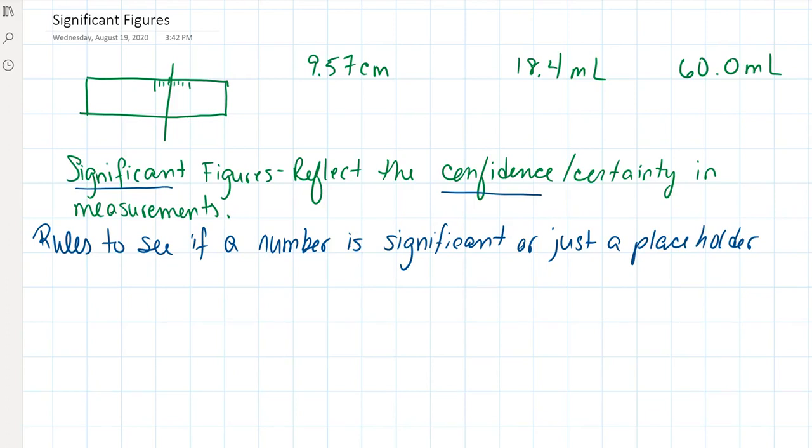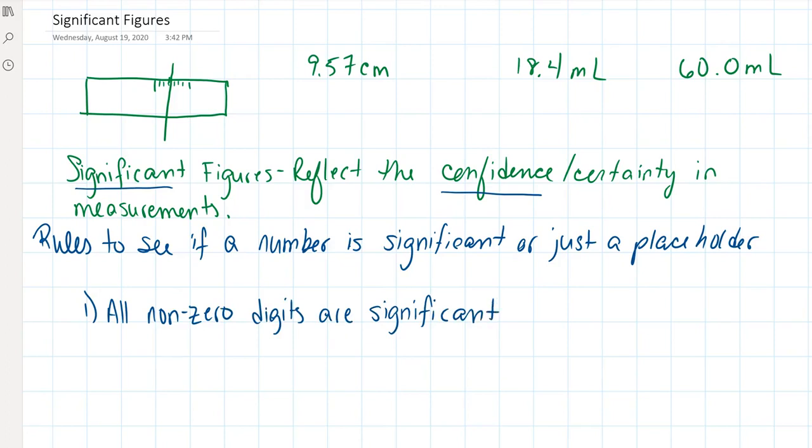So when we take a look at our 9.57 centimeters, we see that all of our digits are not zeros. Anytime I see a digit that's not a zero, that digit is significant. Then that raises the question: what happens if I have a zero in between two non-zeros?